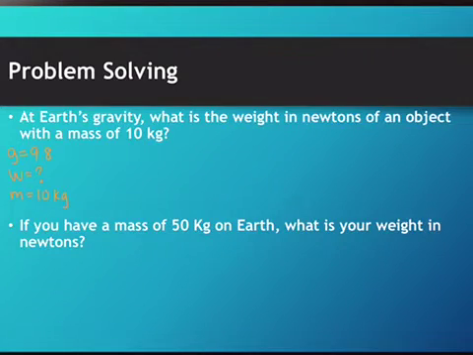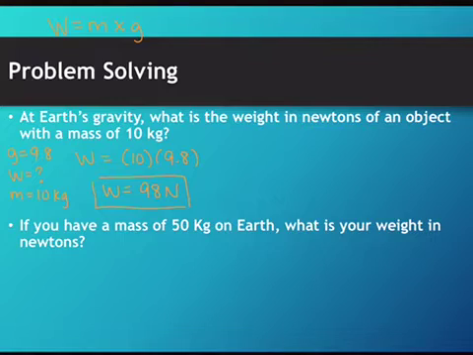So with those pieces of information, we can use this formula, weight equals mass times gravity, and plug in what we know. We don't know our weight. Our mass is 10 times gravity, which is 9.8, and so our weight would equal 98 newtons.